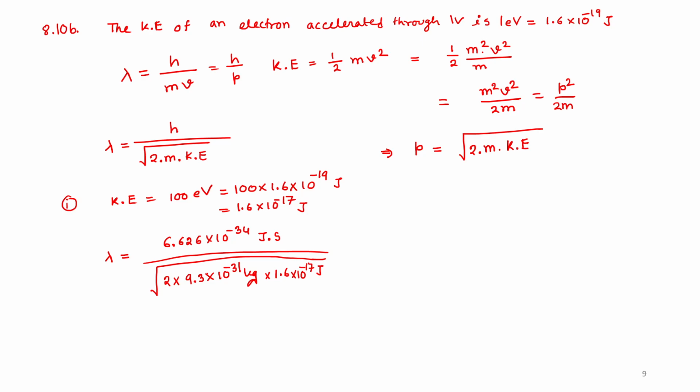We need to break down the units here, right? Joules, I'll do just that. The first part will be in the numerator kg meter square second minus 1, and in the denominator there is a root over, so I'll use kg, and we have joules, that is kg meter square second minus 2.